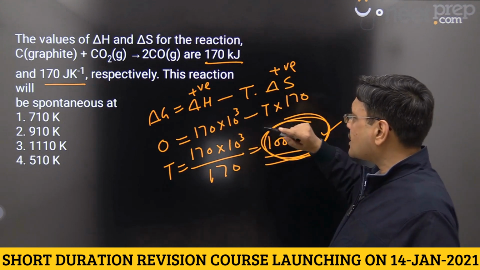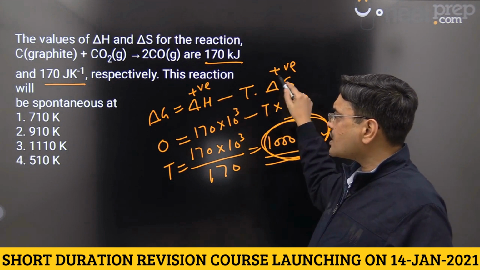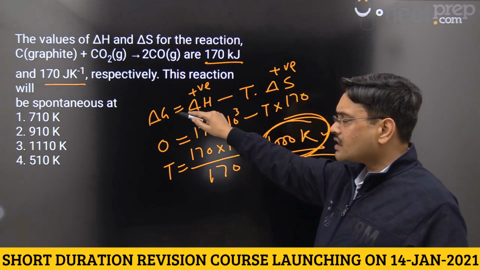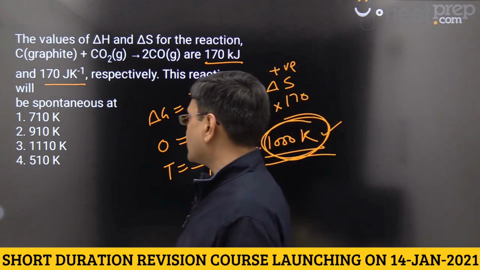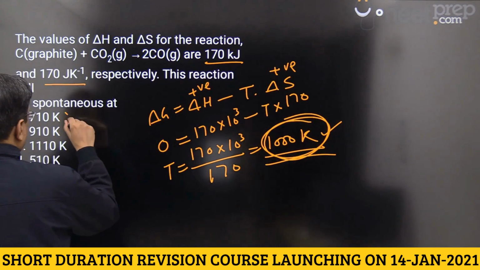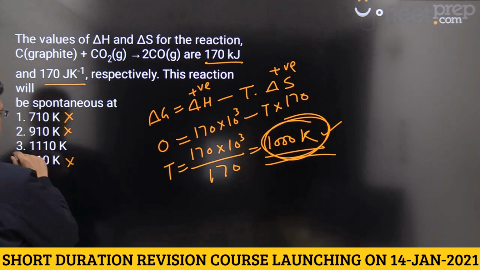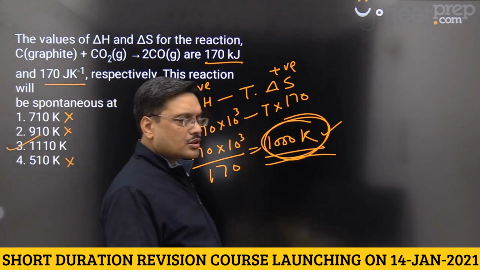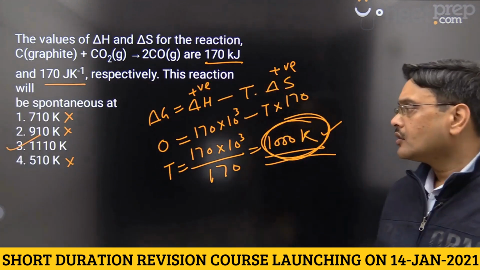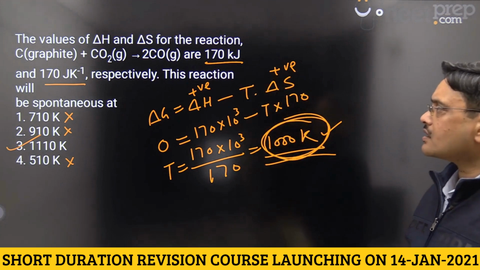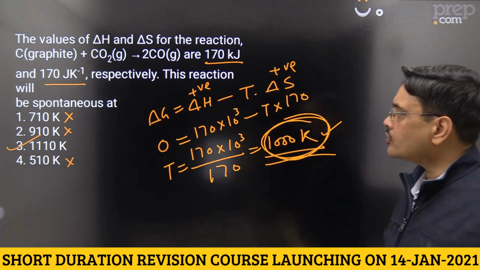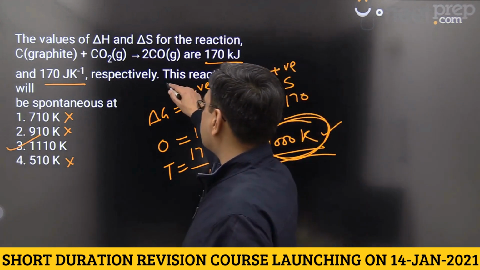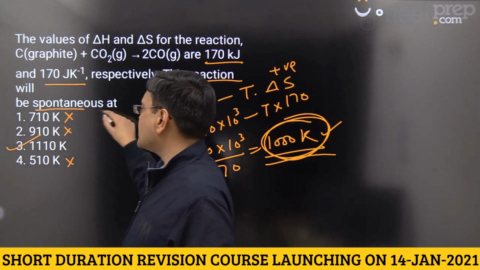If it is less than 1000 Kelvin, then delta G has a positive sign and the reaction becomes non-spontaneous. So 710 is not possible. It must always be more than 1000 Kelvin. So the third is the option where a temperature of more than 1000 Kelvin is present, and then the reaction will be spontaneous.